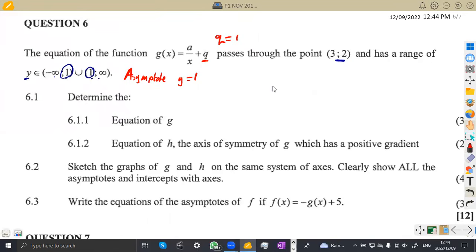The question is: determine the equation of g. Okay, we're asked to determine the equation of g. Using some of the values that we have talked about, the q there, we can continue from there. So this is 6.1.1. We are given that g(x) is a over x plus q.